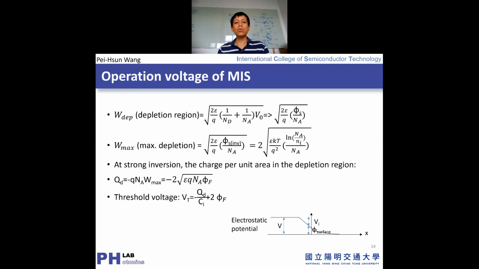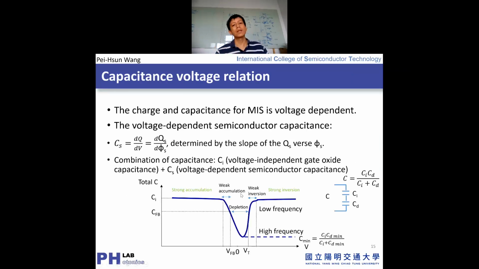In comparing low and high frequency, it will strongly change the behavior of your frequency response. So you get the capacitance at high and low frequency. In high frequency, you only have the minimum capacitance by connecting with the depletion region. But for stronger accumulation, since this modulation mostly modulates the hole concentration, the speed can be fast.